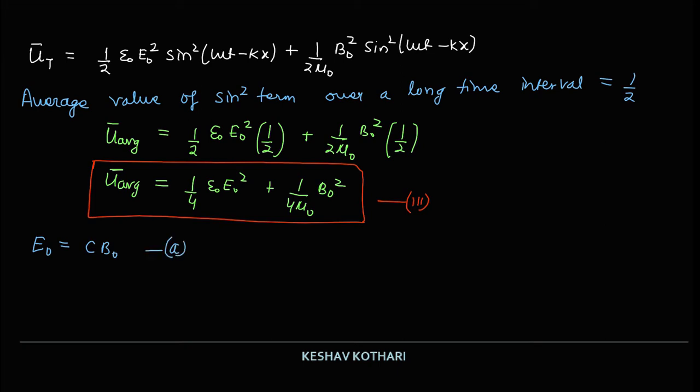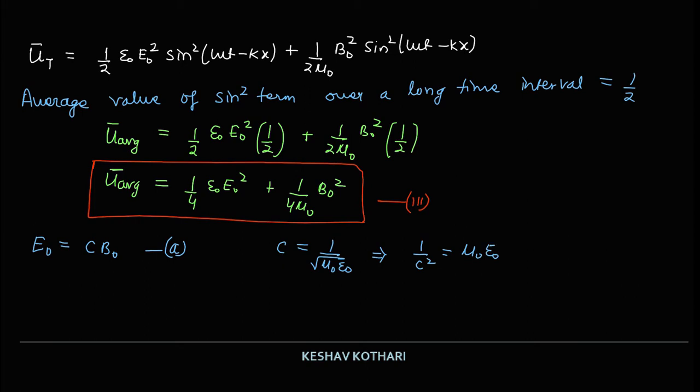And the other one was that C is equal to 1 by root over mu naught epsilon naught. From here I can say that the value of 1 by C square is equal to mu naught epsilon naught.